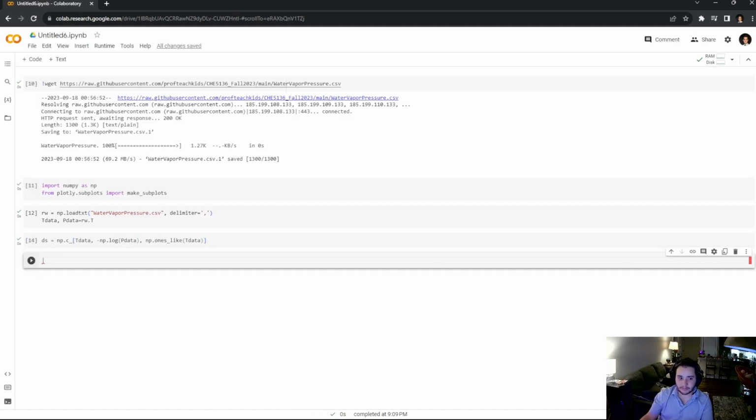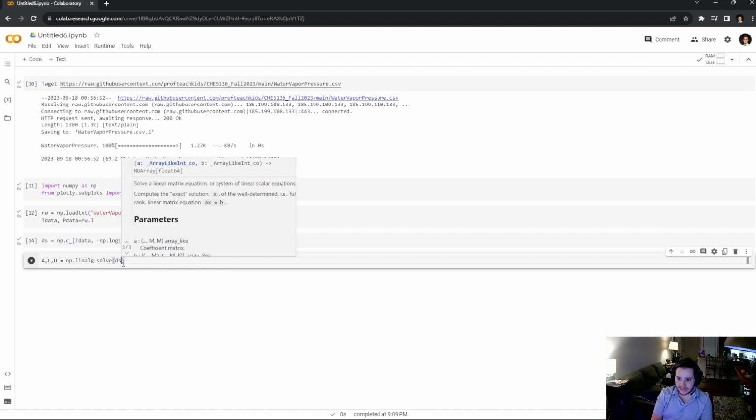Awesome. So how do we move forward? So now we have to get our second column, the A, C, and D column. So A, C, and D column are equal to np.linalg.solve.